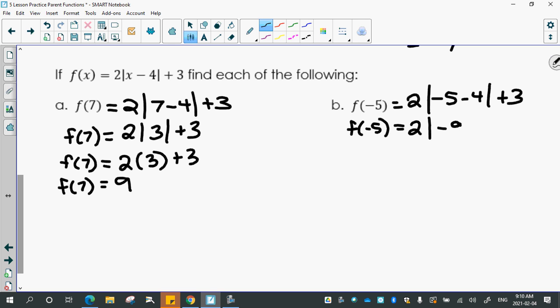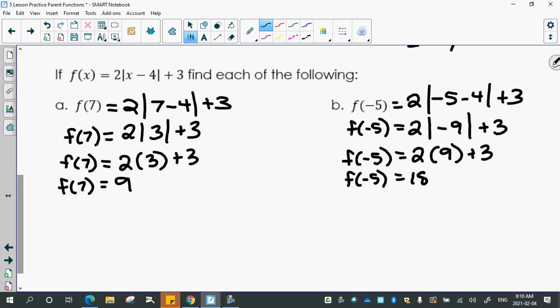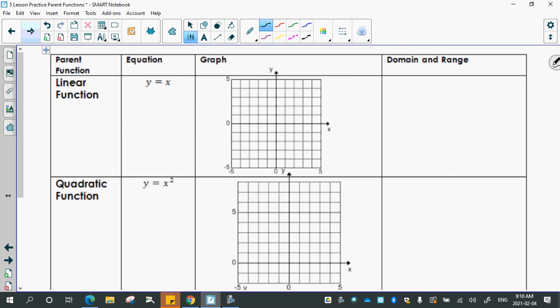Integers, that would be -9 inside the absolute value bars. Then you take the absolute value of -9, which is +9. So it's going to be 18 plus 3, which is 21. Okay? All right, so that's our first lesson.